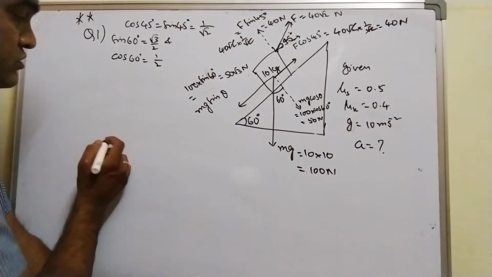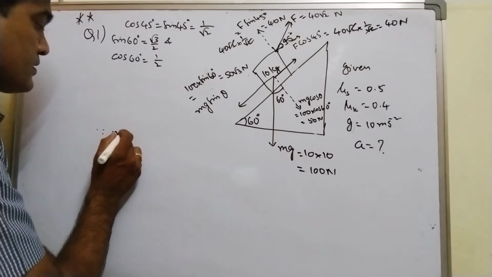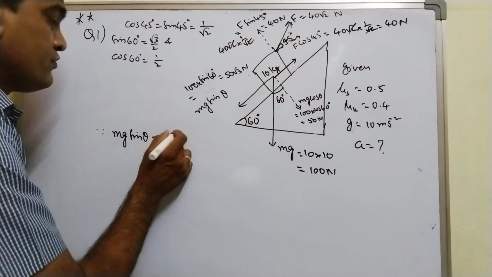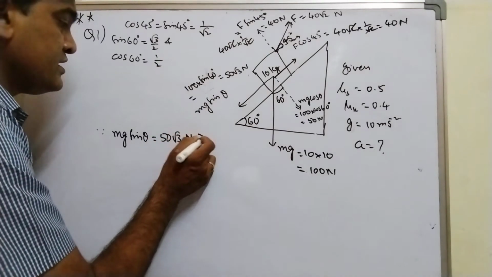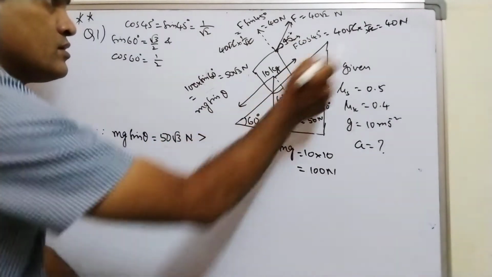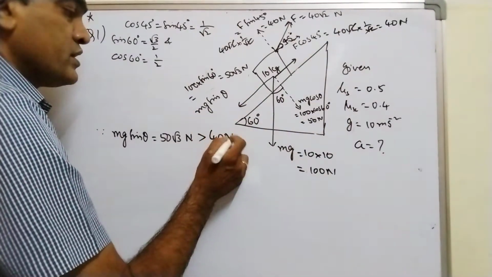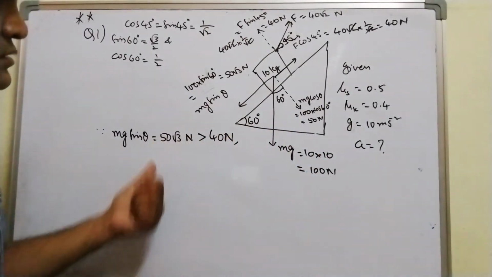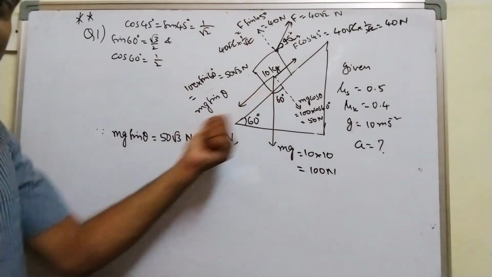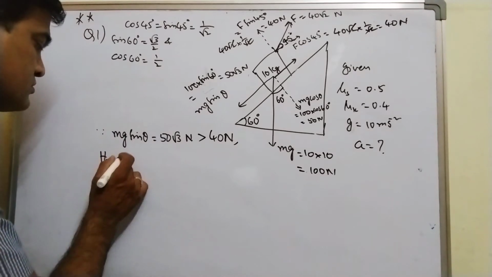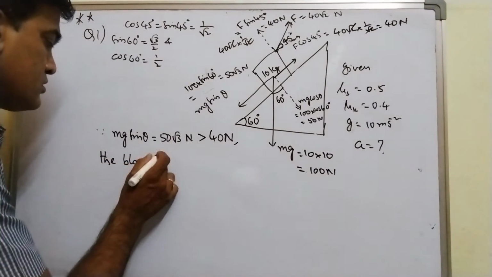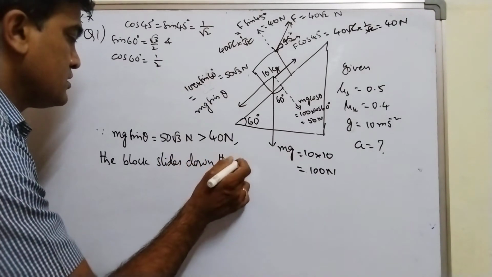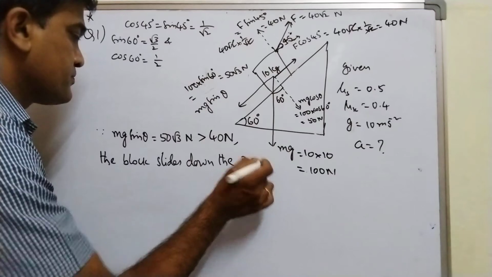So I can write like this: since mg sin theta, which is equal to 50 root 3 Newton, is greater than 40 Newton, the block slides down the rough inclined plane.